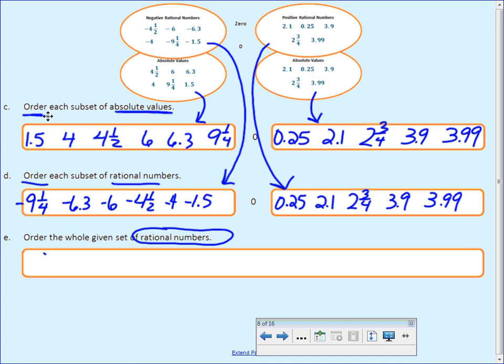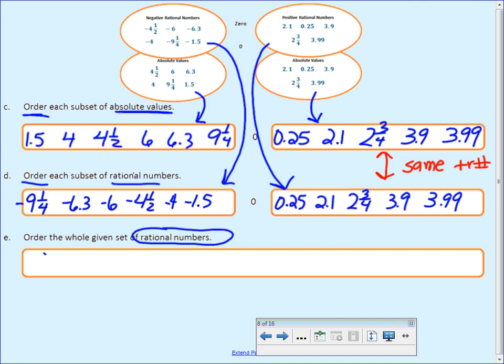All right, let's take a look here. What can we say about the order of positive numbers and their absolute values? What can we say about ordering rational numbers that are positive and their absolute values? Everybody? It's the same. Positive rational numbers and their absolute value, the order is the same.